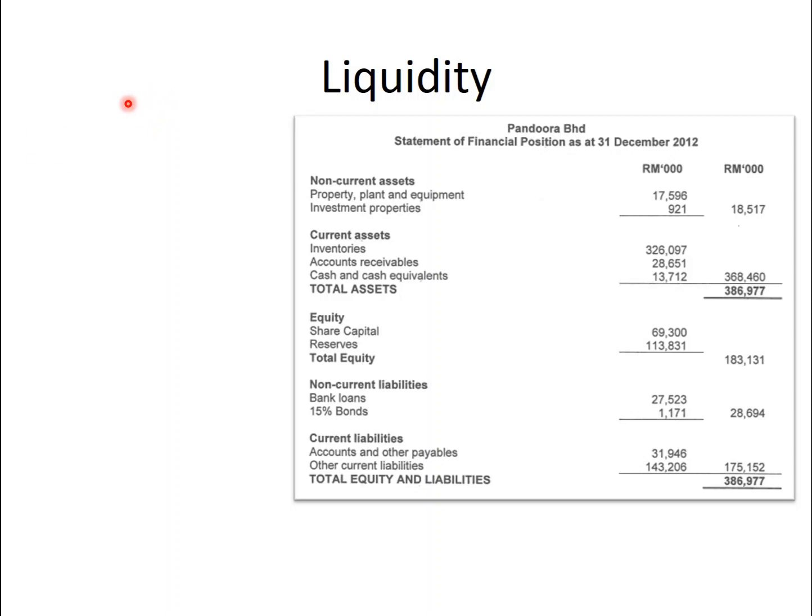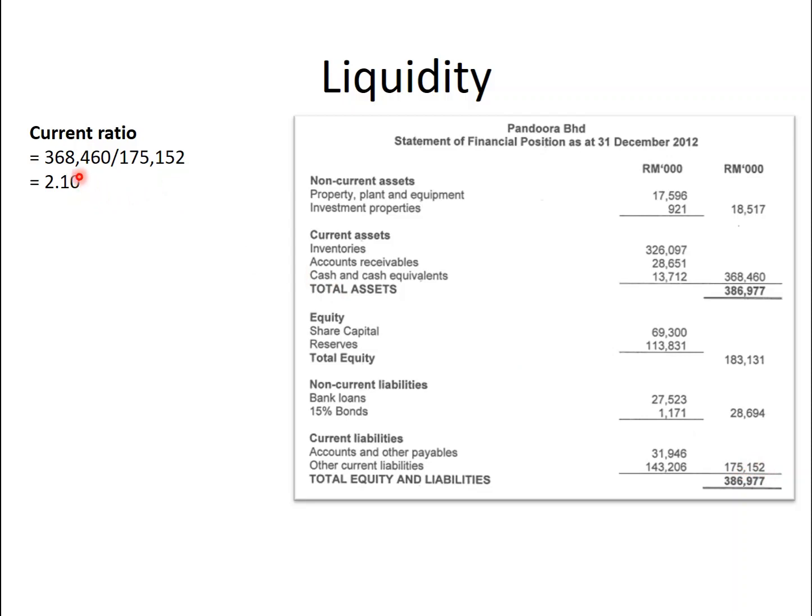Example of the calculations. The first one is current ratio. The formula is current assets divided by current liabilities. Based on this statement of financial position, current assets are 368,460, divided by the current liabilities, which are 175,152.